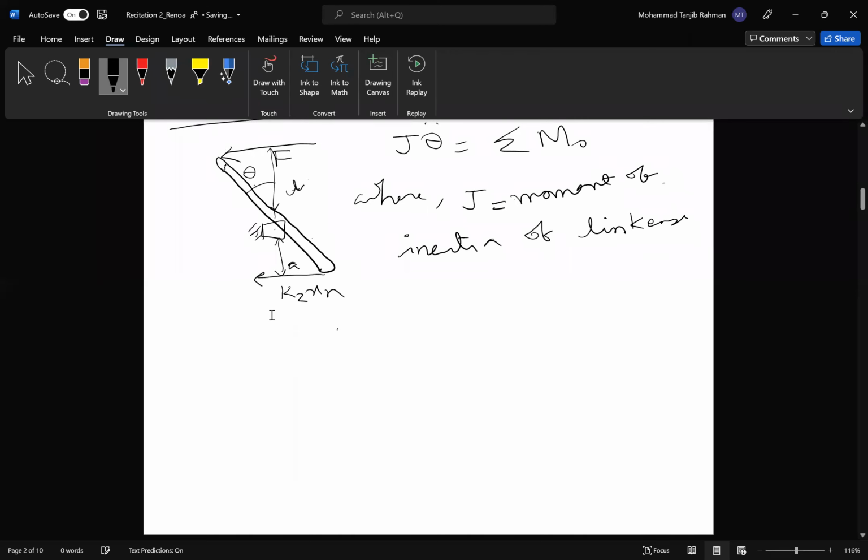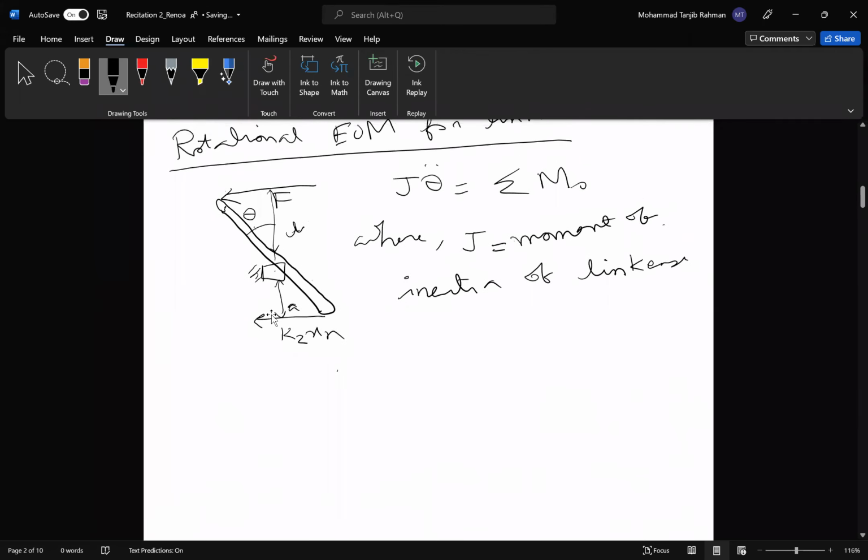So we can write J theta double dot, and I'm taking counterclockwise as positive. So for the force F, we write F times the distance B, and the other force is K2xn, that would be clockwise, so it would be minus K2xn, and in this case the distance is A.